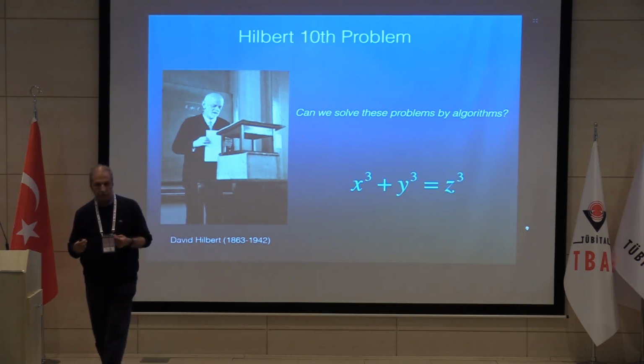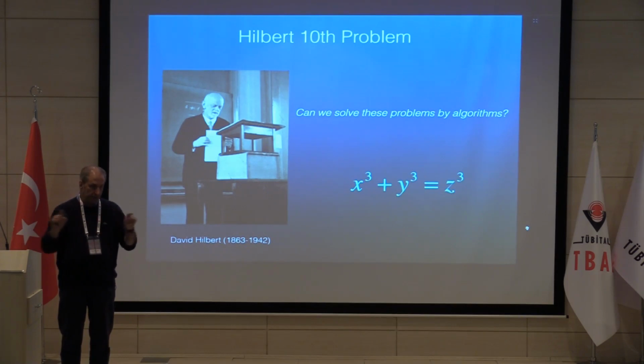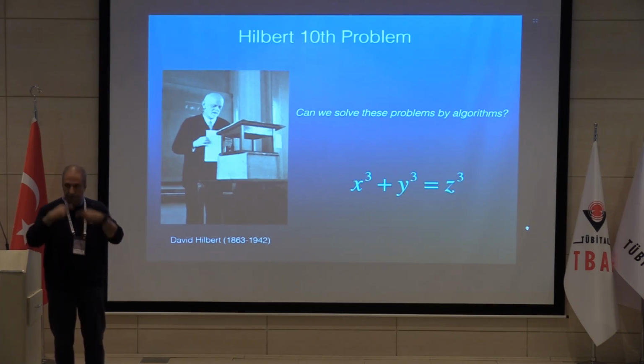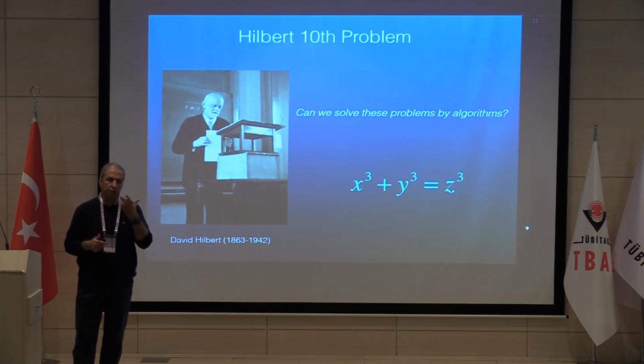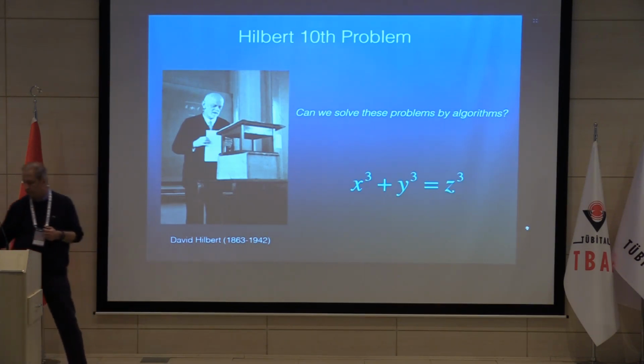You give me a theorem, and I have a finite number of steps, and I go through these steps one by one and repeat them if necessary, and then I will give you the proof of this theorem, or I will tell you that this theorem is correct or not. This was the statement of the 10th Hilbert problem.